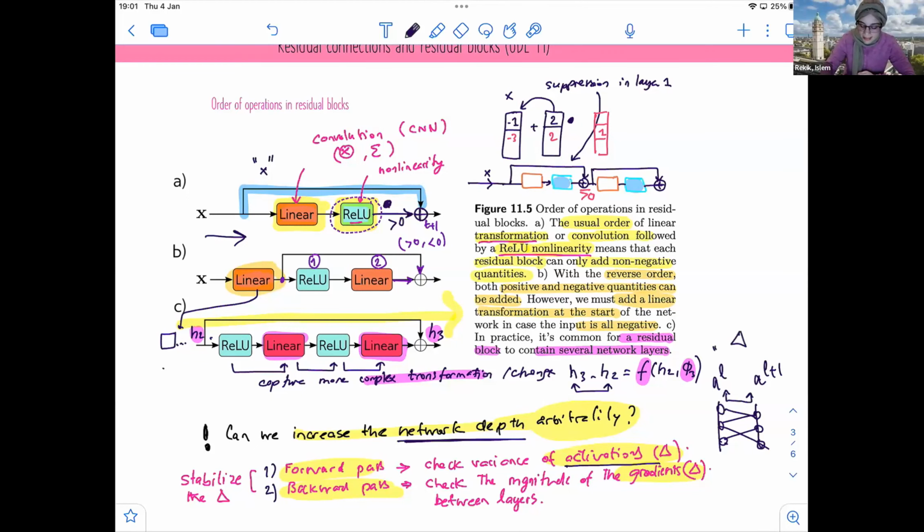You want the delta A to be kind of stable, because if you have fluctuation in activations, you're not going to learn something meaningful. It means your neurons are all over the place: they're overly active, the change is high, so in this layer you have a lot of firing neurons, and in the next layer you have kind of dead neurons. That's not good. This gap between two layers is not good.